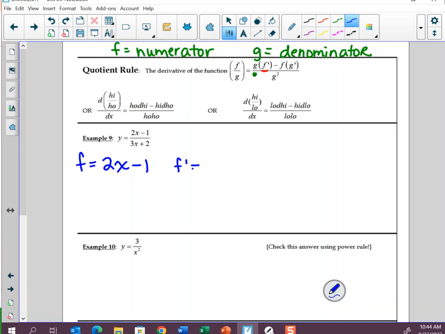So F prime would be just 2. Everybody okay with that? If F is 2x minus 1, F prime is 2. Okay. So G being 3x plus 2, G prime is just 3.